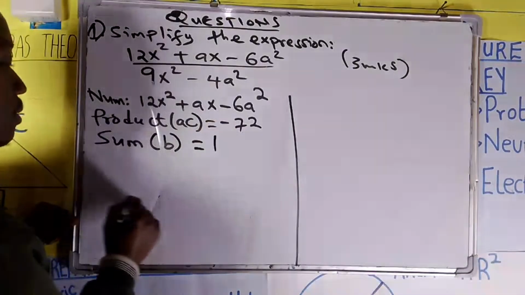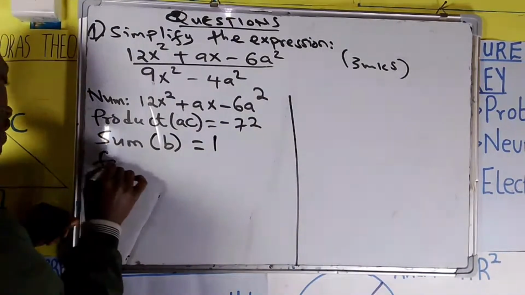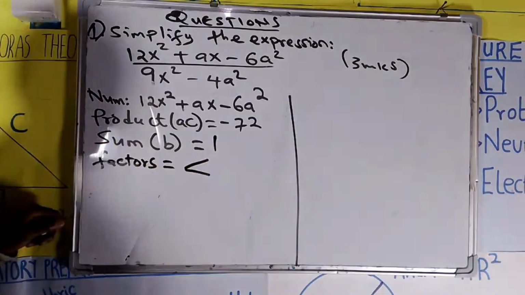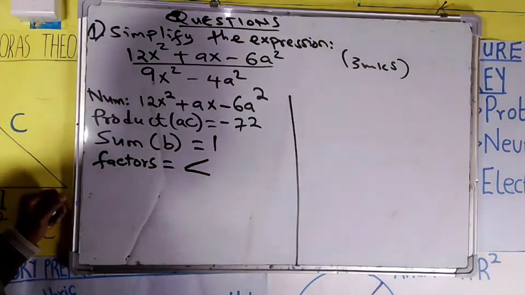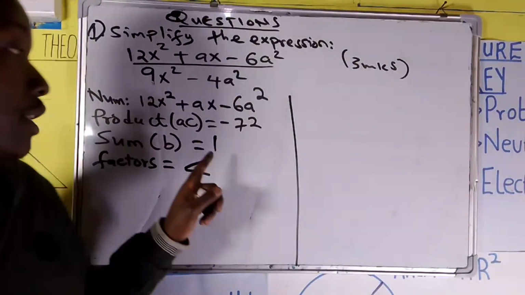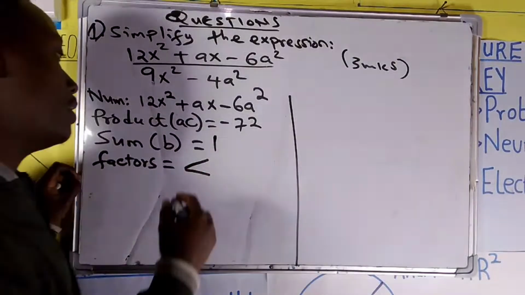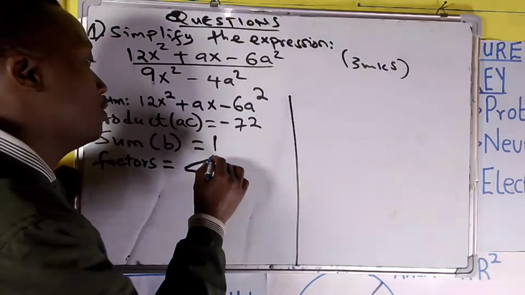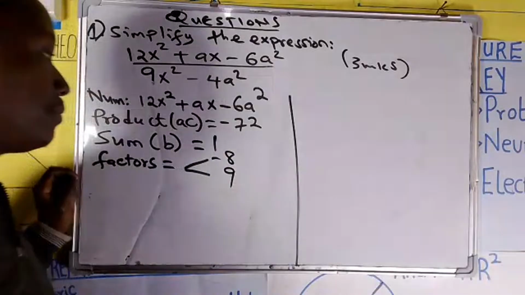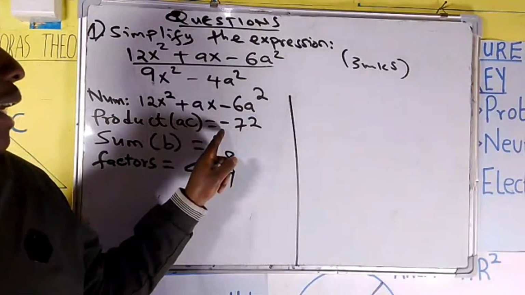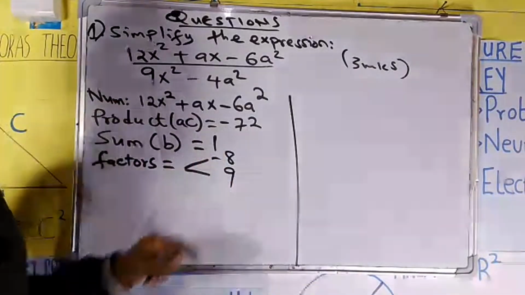Then our factors will be two numbers which, if we multiply them, give us negative 72, and if we add them, give us 1. So the two numbers will be negative 8 and 9. Negative 8 times 9 is negative 72. Negative 8 plus 9 will give you 1.